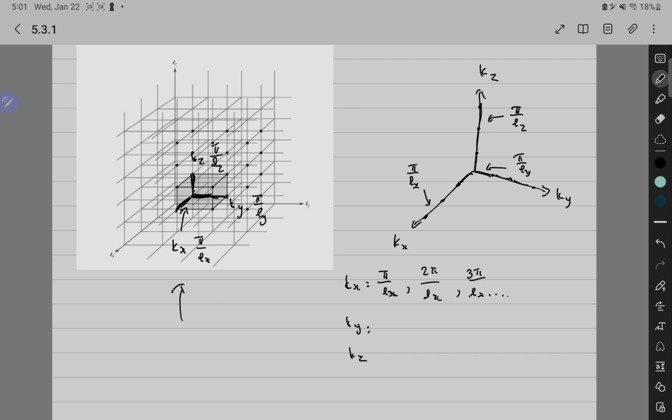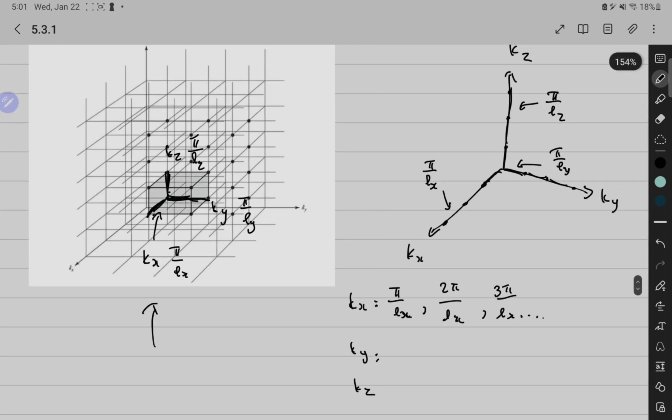Each intersecting point in this grid corresponds to a distinct quantum state, because once you have connected all the dots, you can have grids here and grids here. The textbook already draws this image for you.